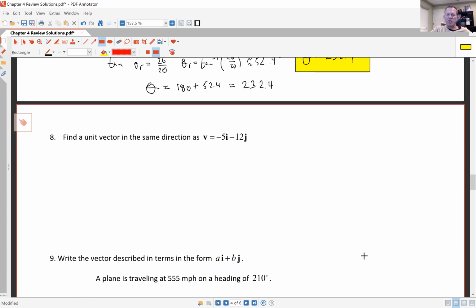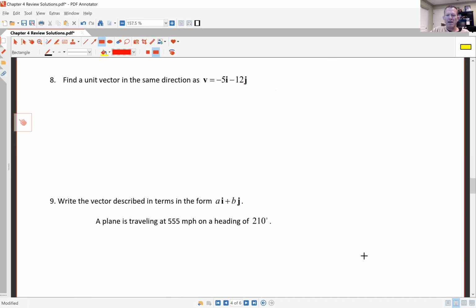All right, we throw the word unit around a lot in mathematics, and unit means a lot of times 1, or in this case, a unit vector has length 1. It's the idea behind this unit vector that we're looking for. It goes left 5 and then down 12.